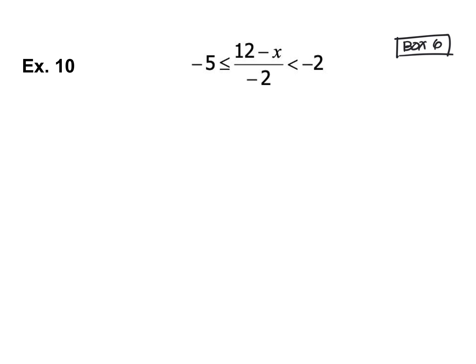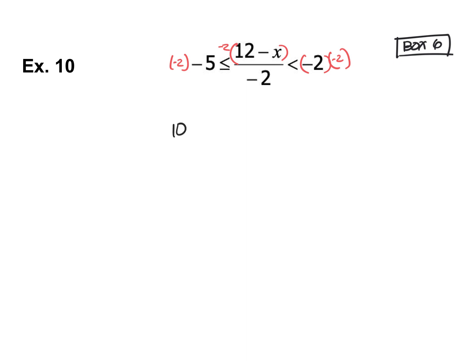So what I am going to do to each section, I am going to multiply each section by negative 2. And the reason I'm multiplying times negative 2 is because that is going to help me get rid of that denominator, which is negative 2. So negative 2 times negative 5 gives me 10.